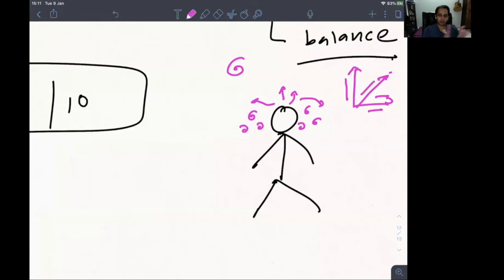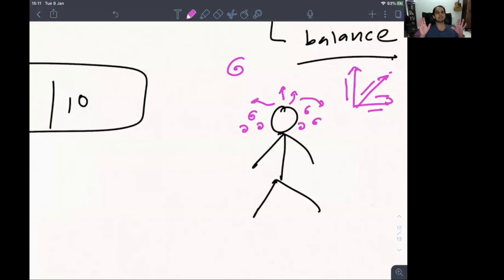Now, as you move your head to one side, because that bubble moves the other side, the opposite vestibular system. So if your head is moving to the right, but you want to keep looking straight ahead, you need your right vestibular system to push your eyes to the left.